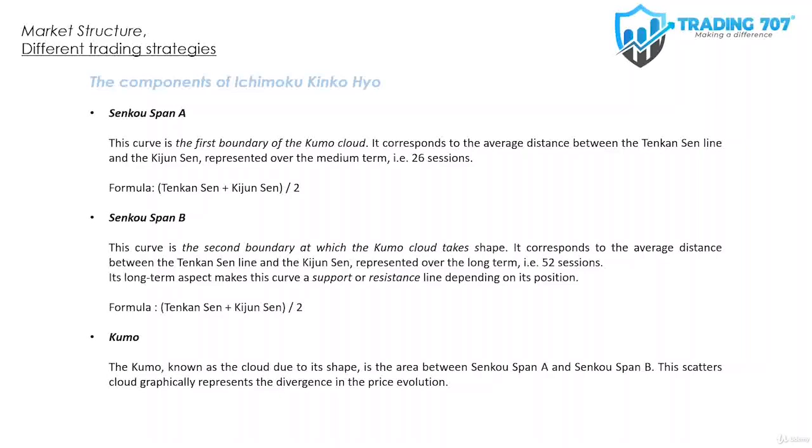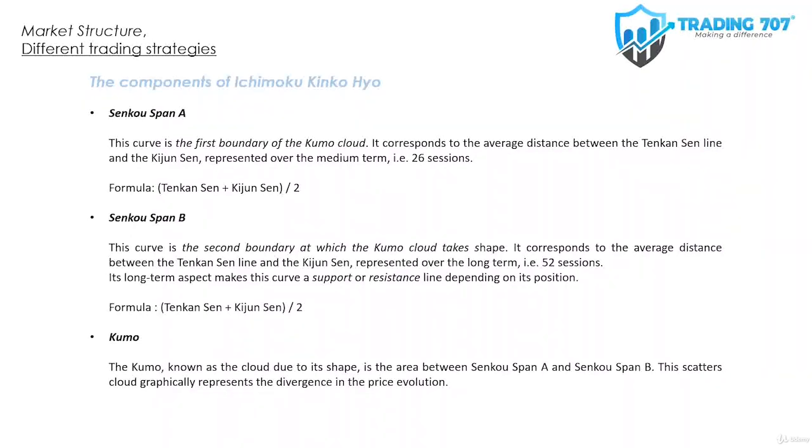Now, let's talk about the Senkou span. So, there is Senkou span A and Senkou span B. About Senkou span A, this curve is the first boundary of the Kumo cloud. It corresponds to the average distance between the Tenkan sen and the Kijun sen, represented over the medium term.